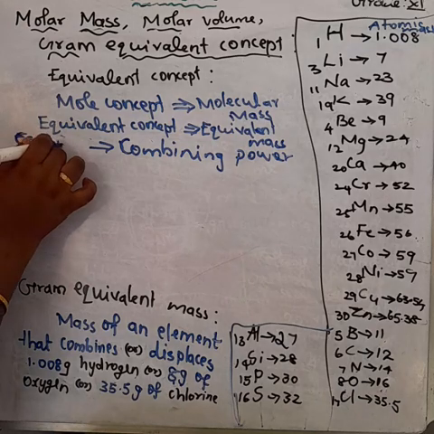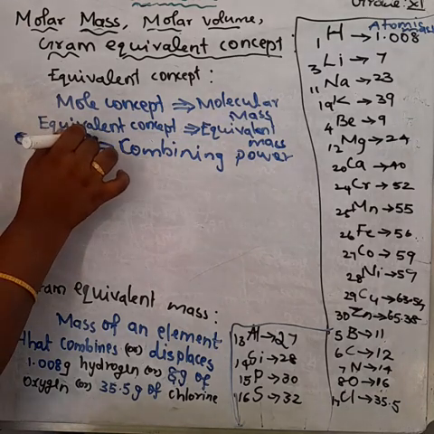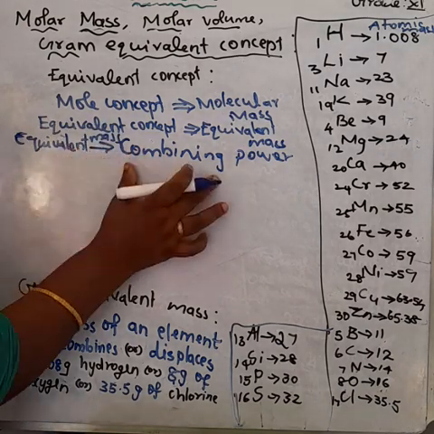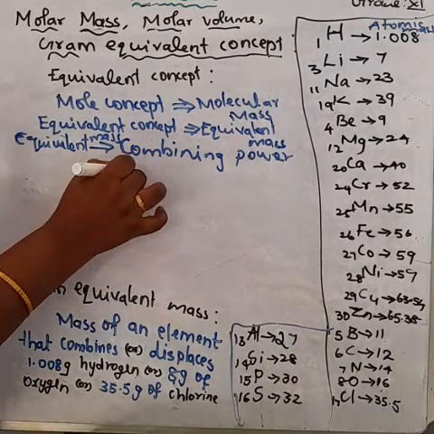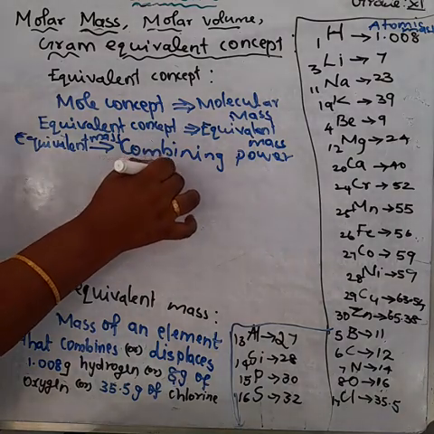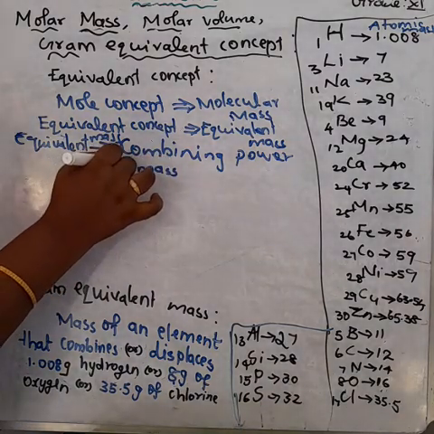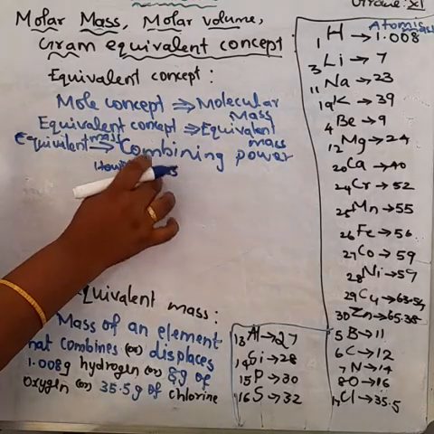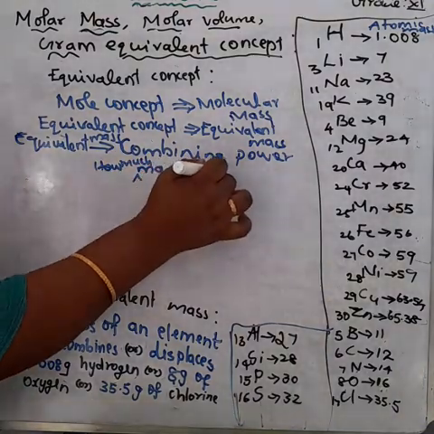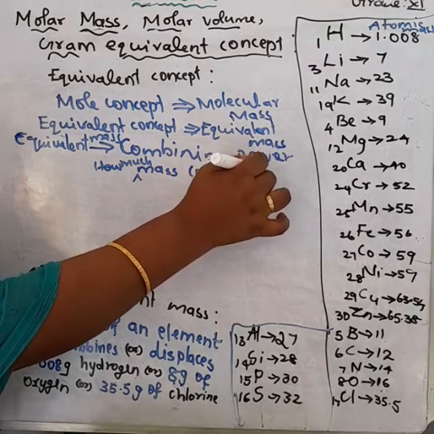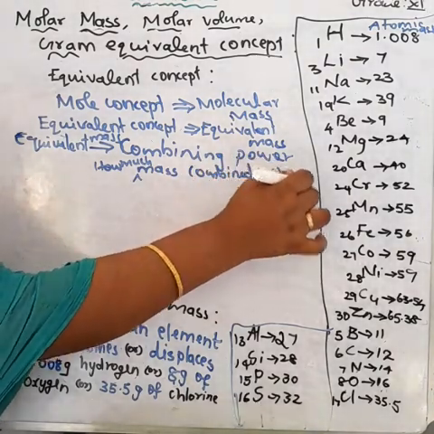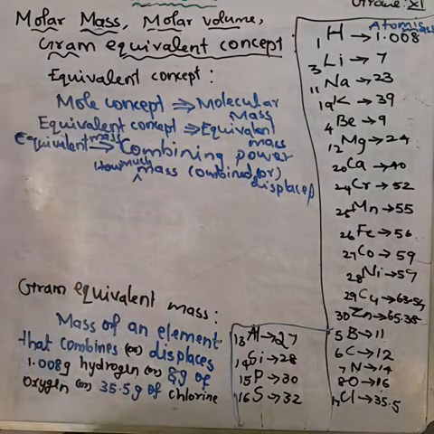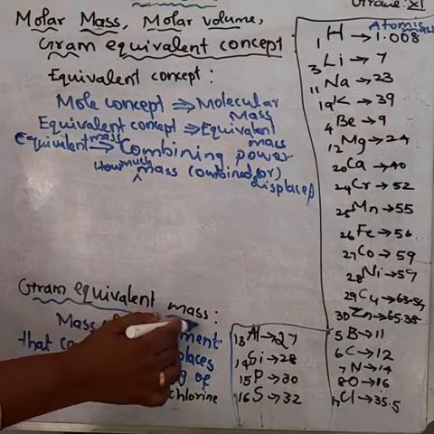So equivalent mass means combining power: how much mass of substance is combined, or how much mass of substance is displaced. How many ions or molecules are displaced, and how much mass, that is called the equivalent mass. Understood?